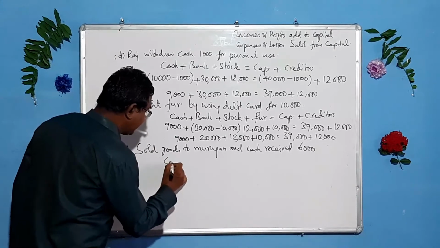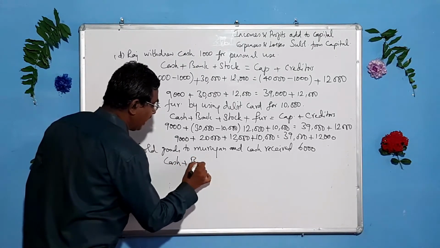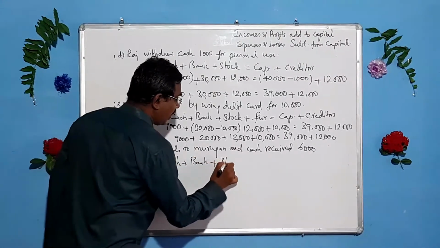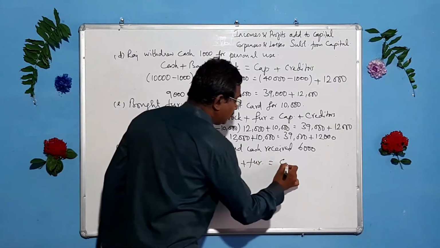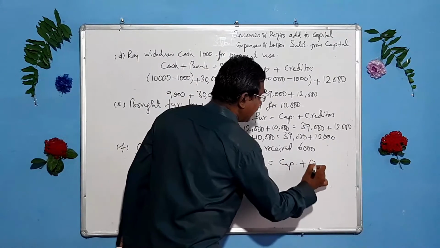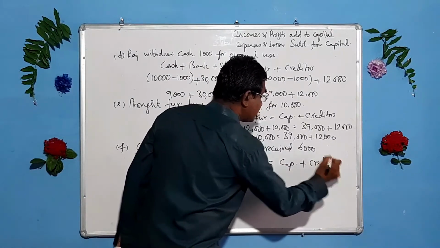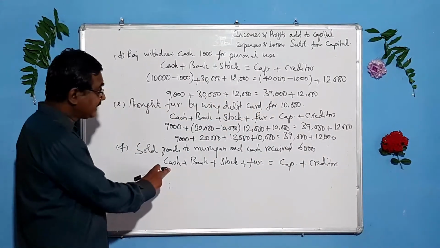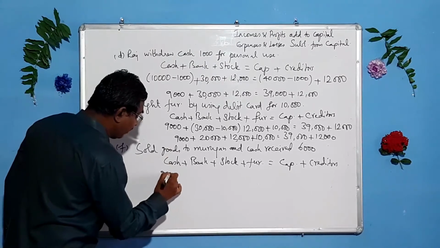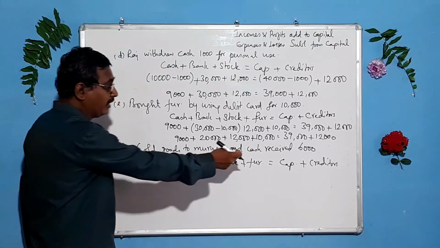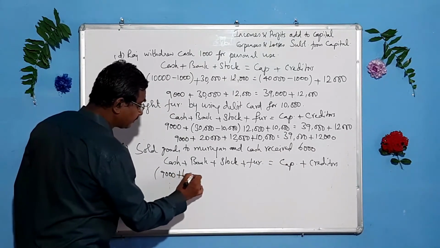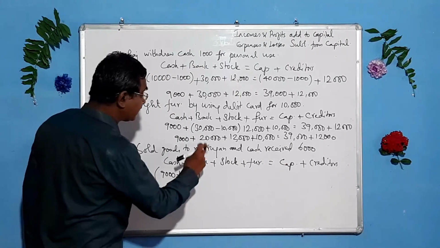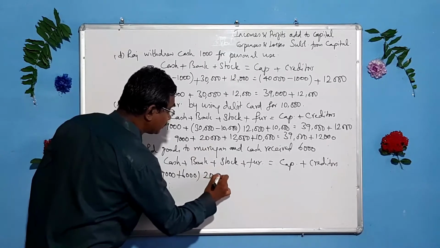So what are the items that come? Cash plus bank plus stock plus furniture is equal to capital plus creditors. See, there will be a change in the cash. With 9,000, now we have received 6,000 cash for the sales. And bank, there is no change, 20,000.